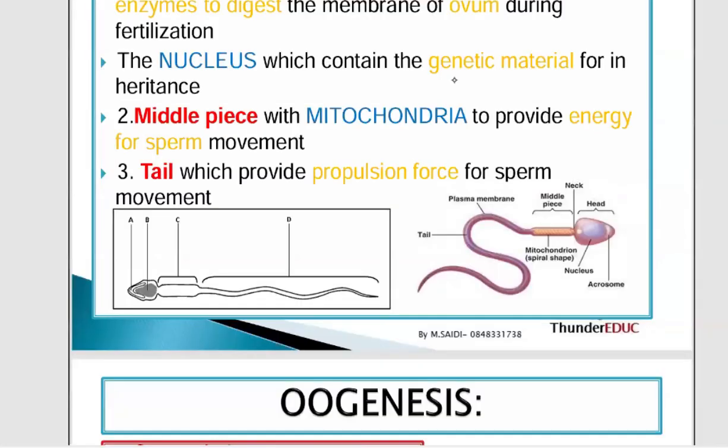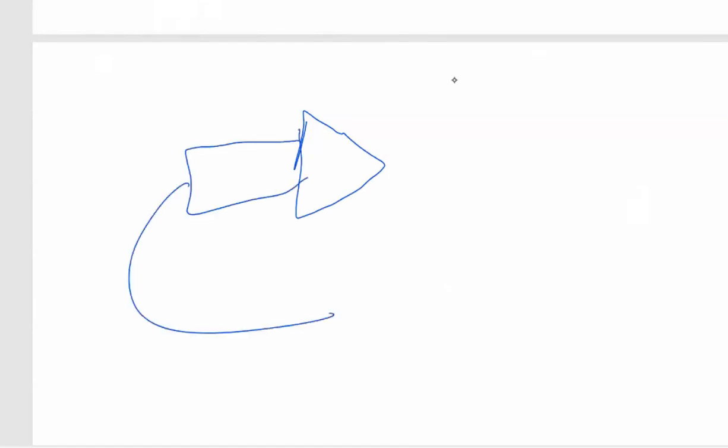In exams, that is the first structure they can ask you to draw. This sperm, you see how the shape is? Do not draw it like this. Some people draw like this, and you get 0. What is this?